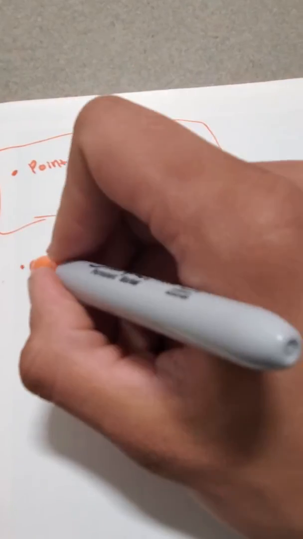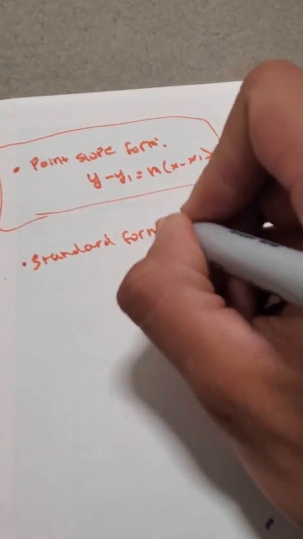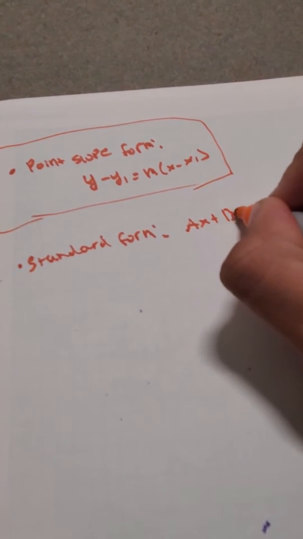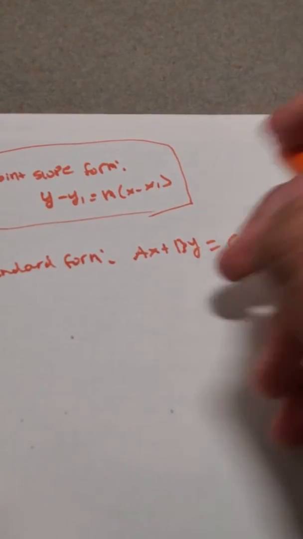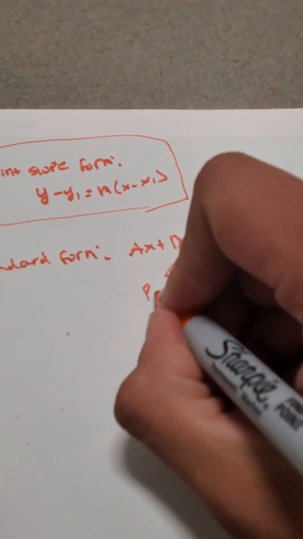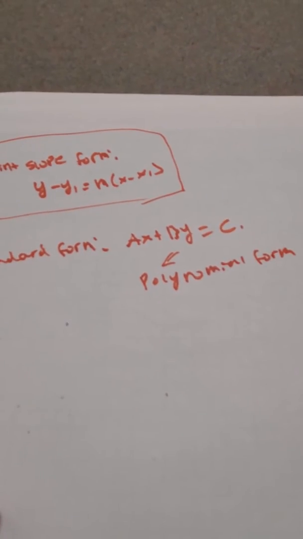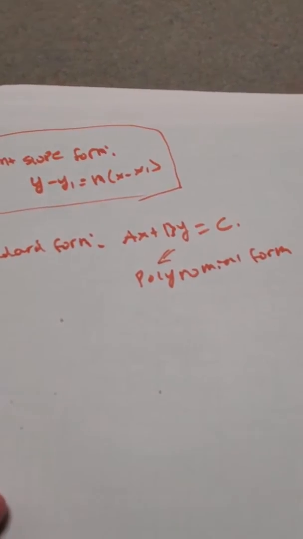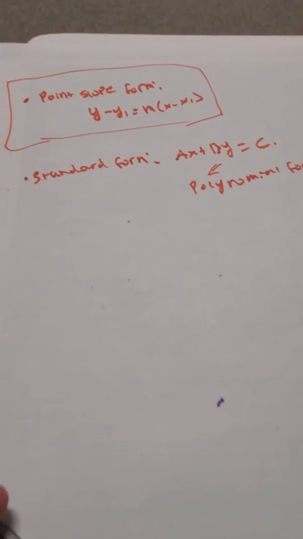And we also have standard form, Ax plus By is equal to C. Both of these are really standard. This is a polynomial form, and that's how we derive the point-slope form from it. We'll cover both of those in a separate video, but those are two other equations of a line.